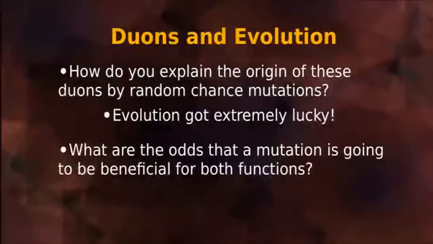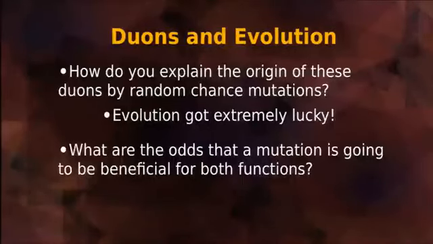And the other thing is, what are the odds that a mutation is going to be beneficial for both functions? Because that's how evolution works, right? It's by random chance mutation. So what are the odds that even if you end up with the same amino acid, it's okay, you still got the same amino acid, but what about the other function, the regulatory function? Oh, well, now you've messed that up. So it does matter which codon's there.